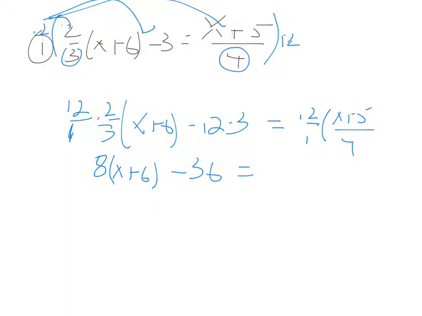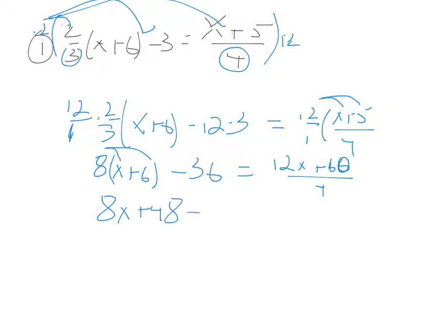And then we're going to have 12 times x, which is 12x, 12 times 5, which is plus 60, and that's all over 4. I'm going to reduce and simplify some things before I move forward. First, I'm going to distribute that 8. We get 8x plus 48 minus 36. On this side, 12x divided by 4 would be 3x, and 60 divided by 4 would be 15.